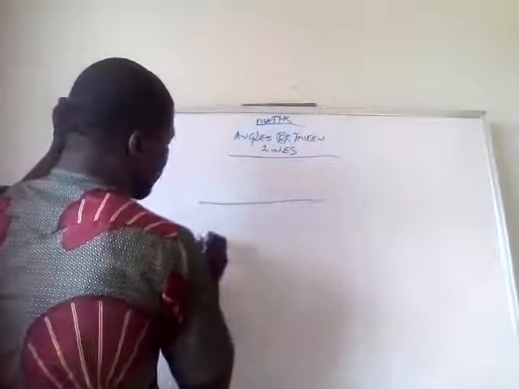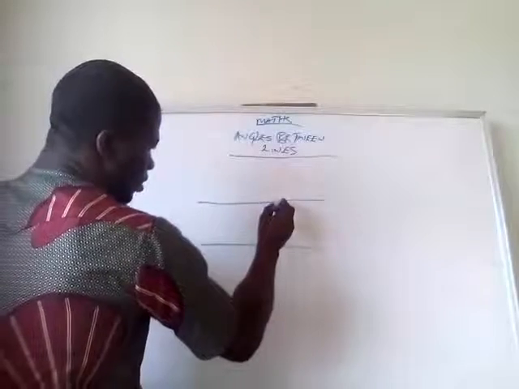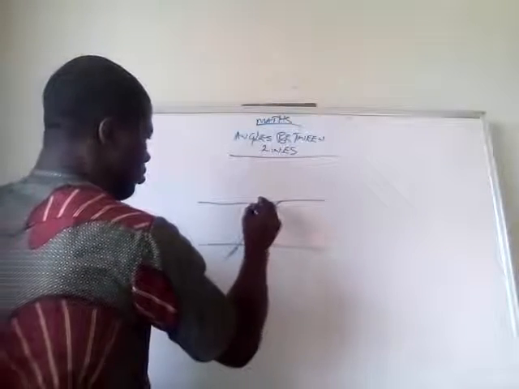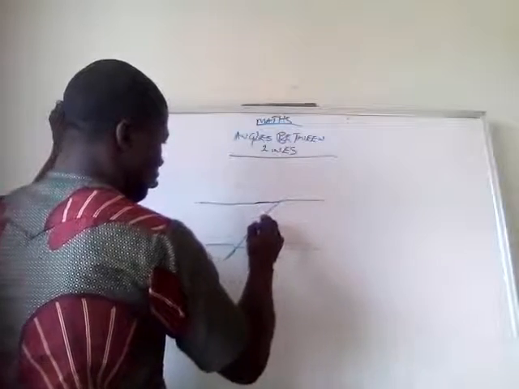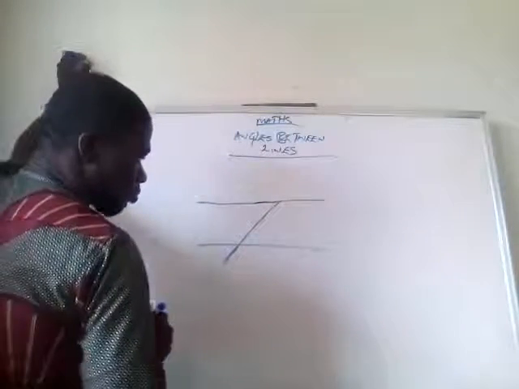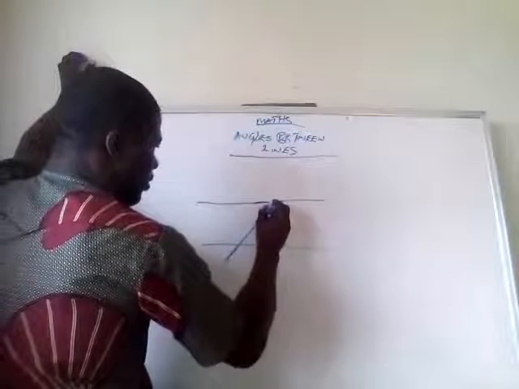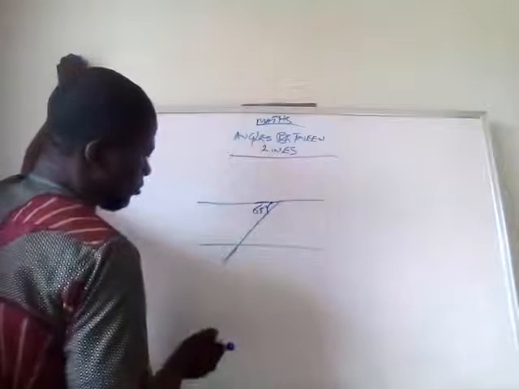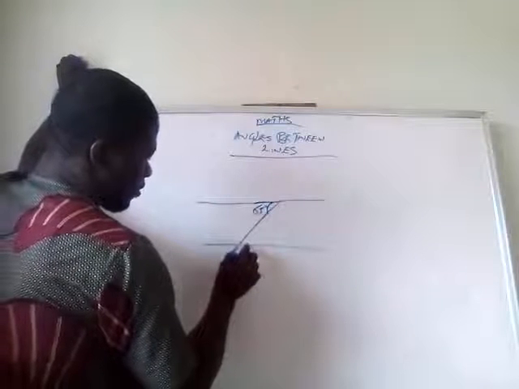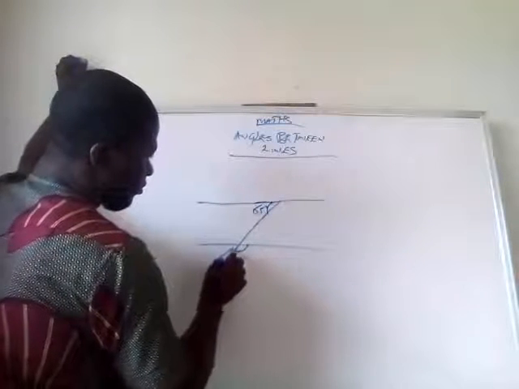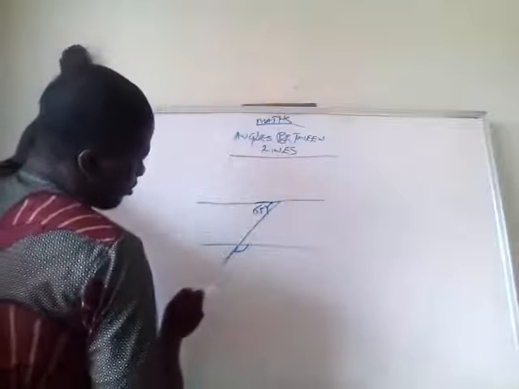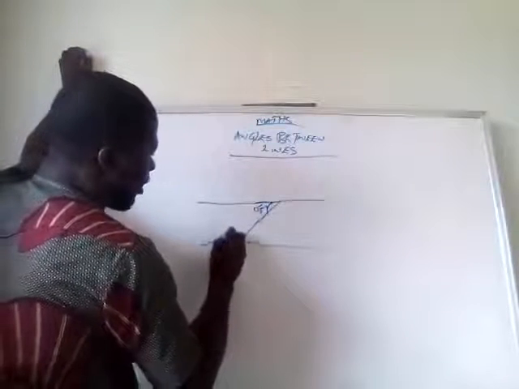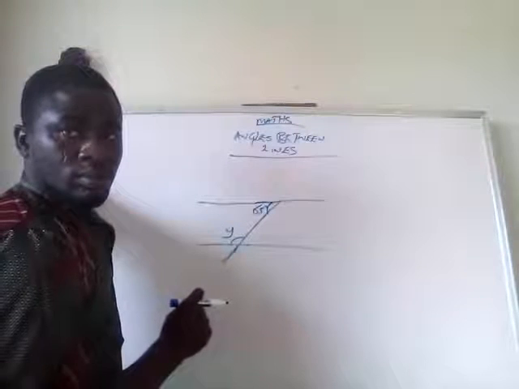The question says find y, if you have here a 65-degree angle, and this place, not here, here is y.